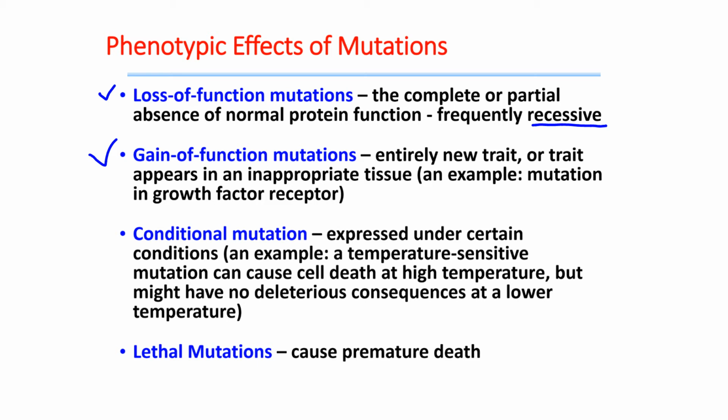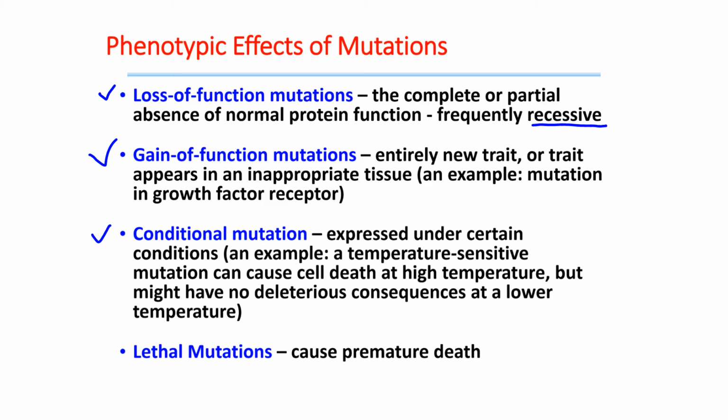In addition to loss and gain of function mutations, you can recognize also so-called conditional mutations. These mutations are only expressed under certain conditions. One of the best examples are mutations which trigger a temperature sensitive condition. These temperature sensitive mutations do not manifest in an individual who carries them if that individual is exposed to a normal range of temperatures.